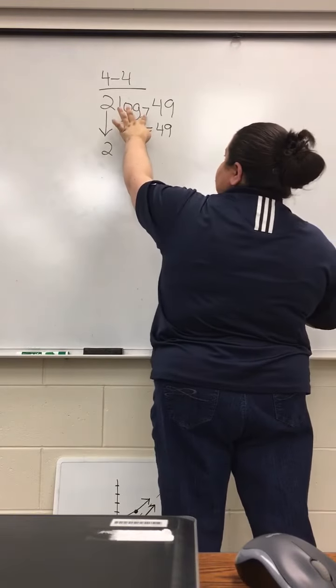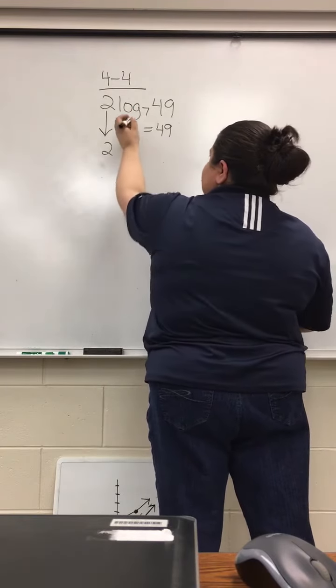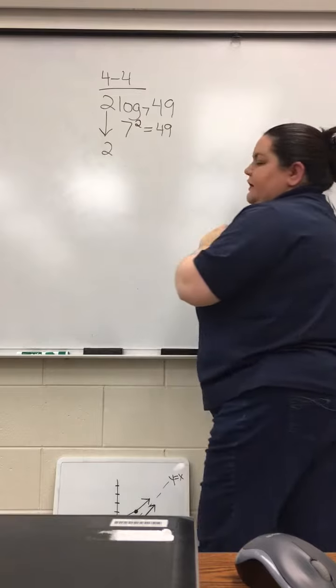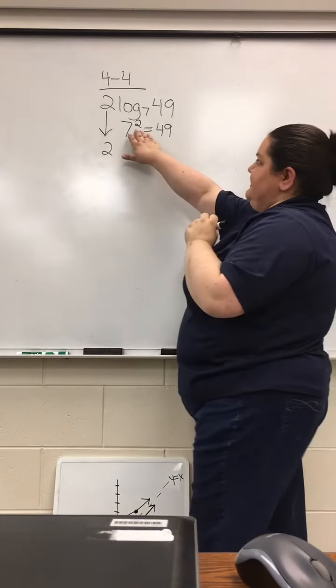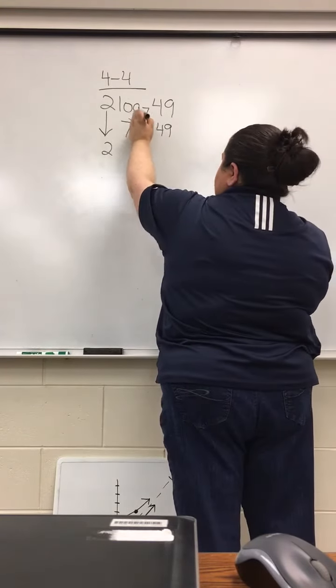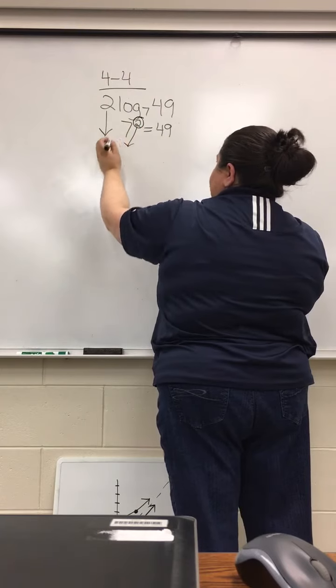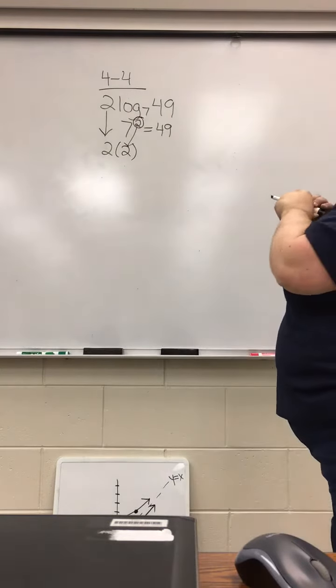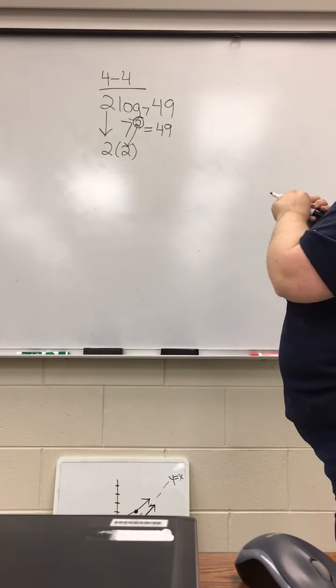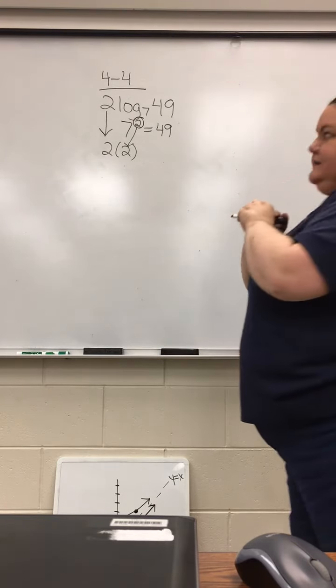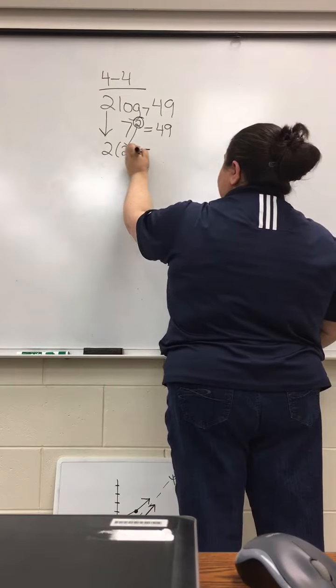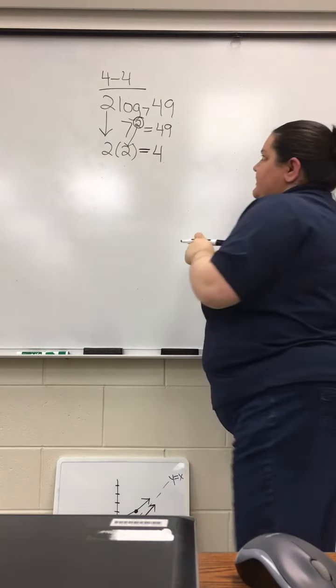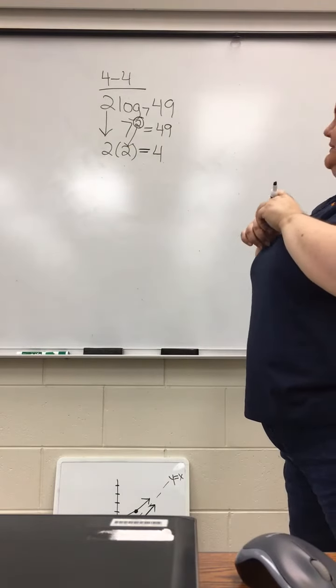So it'll be 7 squared is 49. So what you're going to do is take this exponent right here and drop it down. So it's going to be 2 times 2, and that is going to be 4. Okay. Pretty easy, I know.